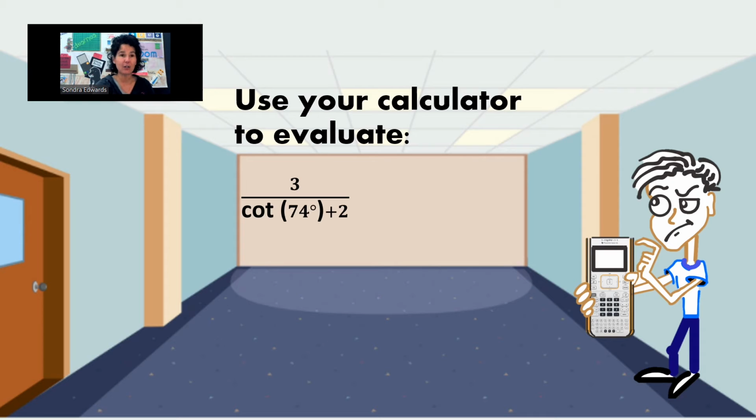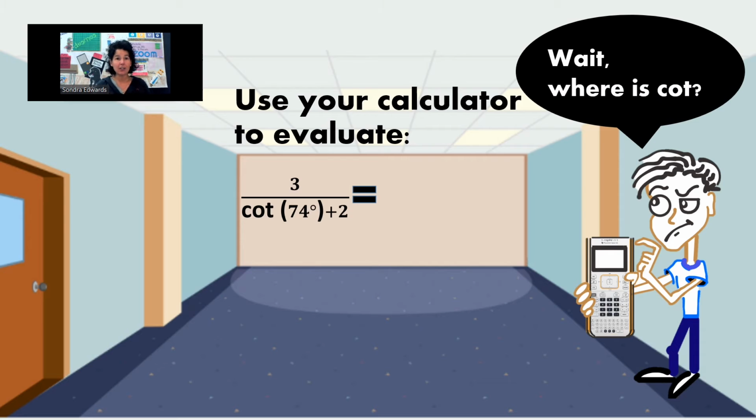Now that you have your calculator in degree mode, you might be looking at your calculator keys and saying, where is cotangent? On a scientific calculator, you are often not going to see the button cotangent, and even when you're working on your graphing calculator, cotangent is buried within those various buttons.